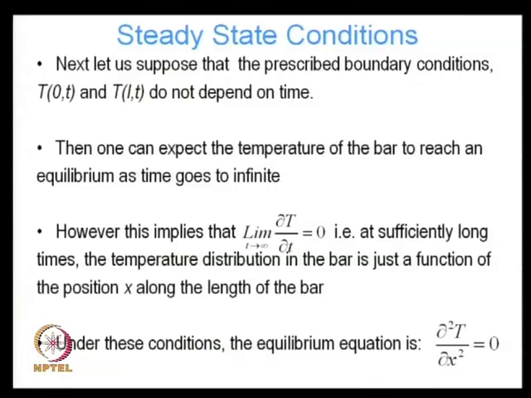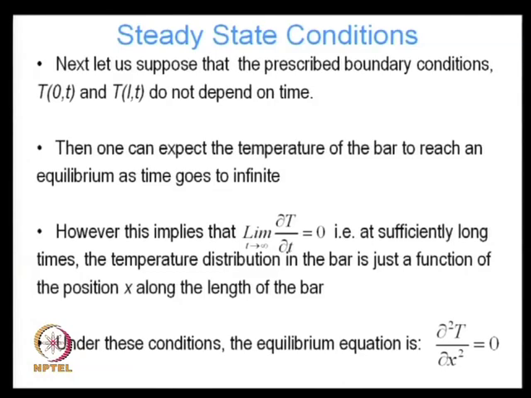Okay, so we briefly talked about the fact that the solution to the diffusion equation has a time dependent part which is decaying exponentially with time, right. So, if we look at the solution after sufficiently long time has elapsed, then we can expect the temperature of the bar to reach an equilibrium solution, and that equilibrium solution is known as the steady state solution, right.